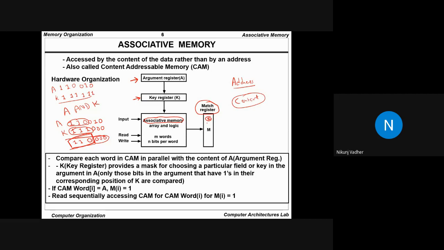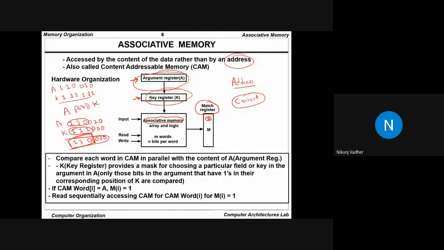I will show it in the next slide. In normal memory, we search using address, but in associative memory, or content addressable memory, we search with the help of the argument register and the key.